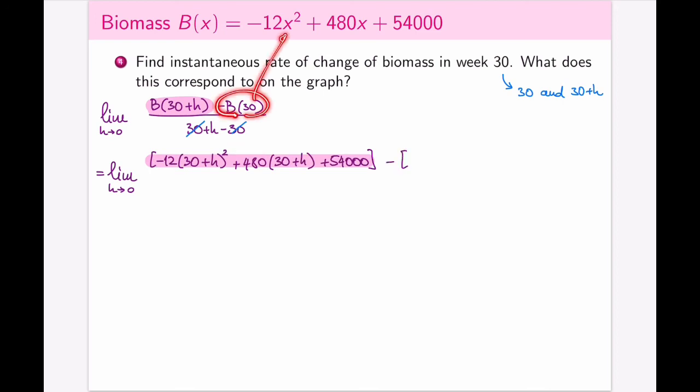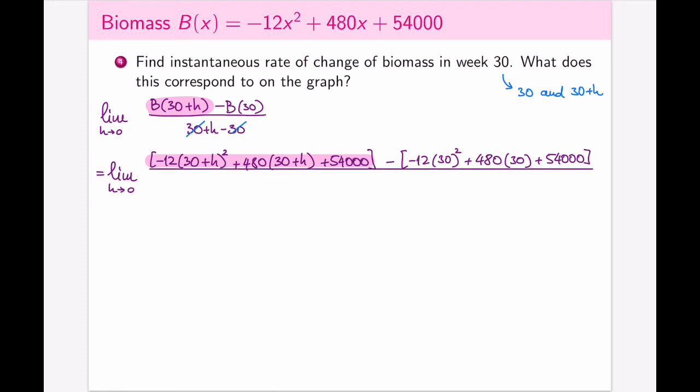So just plugging in 30 for x will give me minus 12, 30 squared, plus 480 times 30 plus 54,000. All of this divided by h. Okay, again, coming from the fact that the 30s on the bottom actually just got canceled.